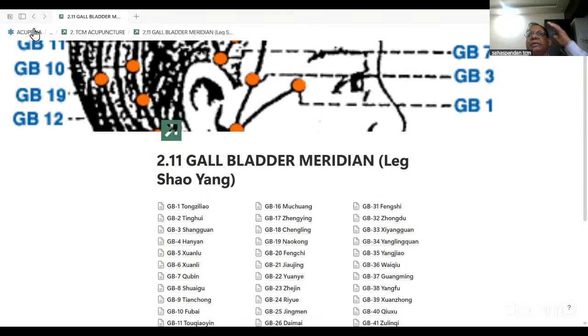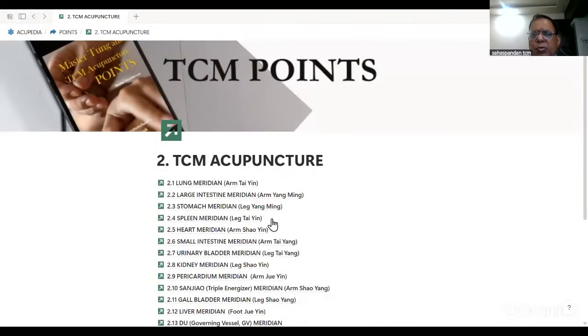Then the next points are dabai and lingu. Okay, showing you the next point, lingu and dabai.